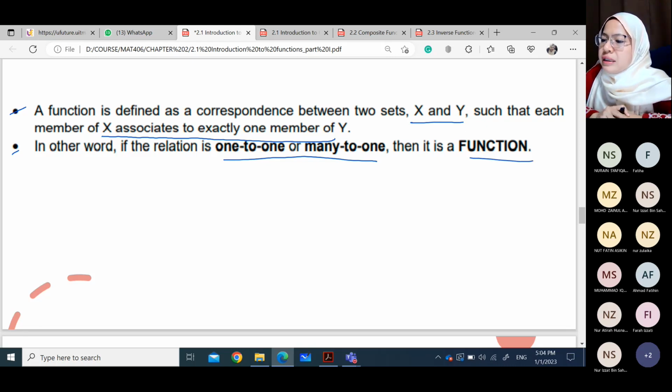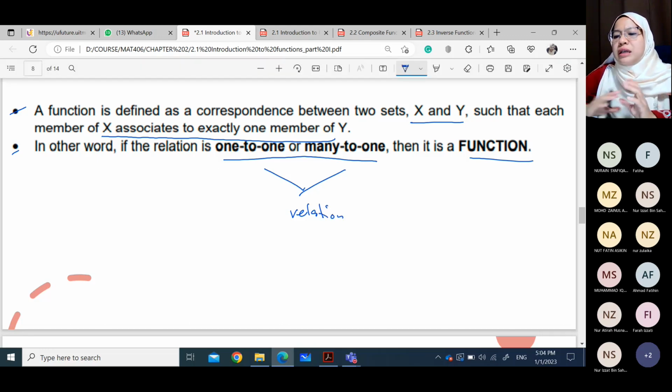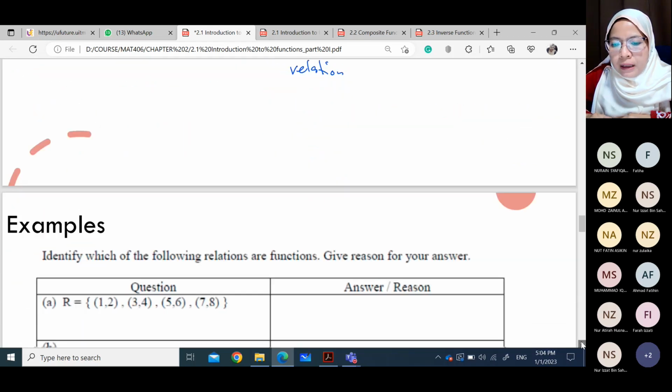So function and relation are related, but to form a function, the relation must be only two types, which are 1-to-1 or many-to-1. So when the relation is a 1-to-1 relation or a many-to-1 relation, then we can say that the relation is also a function.